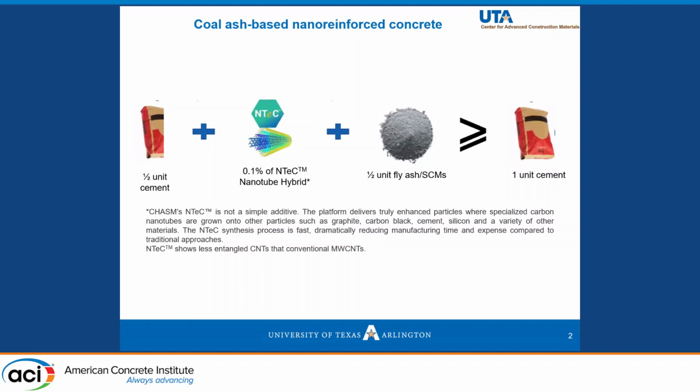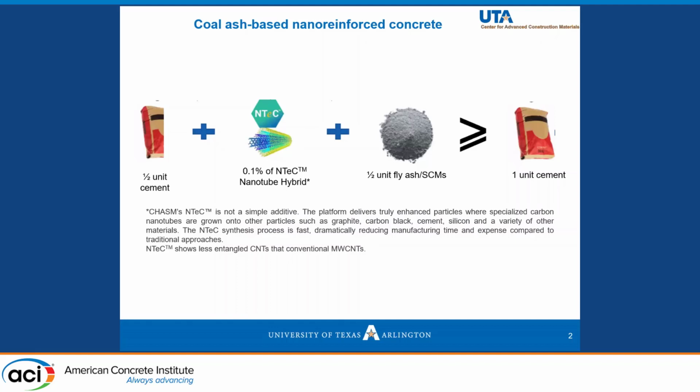In this research, we evaluated the use of innovative materials. For example, this material here was provided by one of our partners, and it's a newly synthesized type of carbon nanotubes. It is not just a single additive.